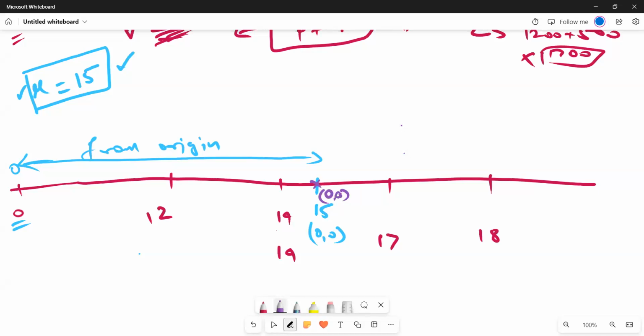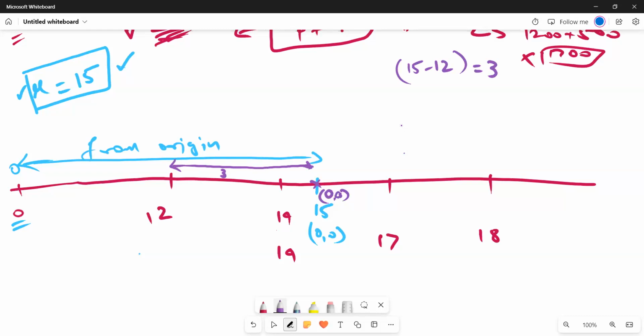Now let's talk only of the distance. My data point 12 is present at what distance from the mean of the data? To calculate the distance between 2 points, simply take the difference. So this difference came out to be 3, so this is at 3 units distance.